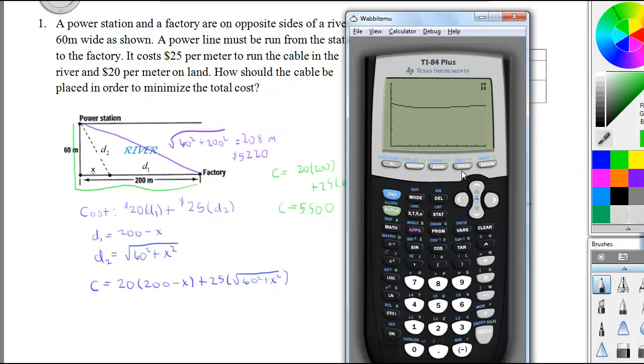Second, calculate value when x is 0. That would be the green case here. We get 5,500. And if x is 200, then we get the 5,220.